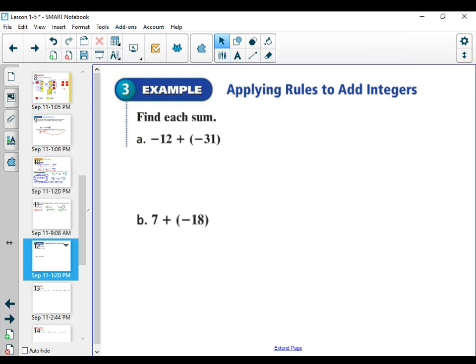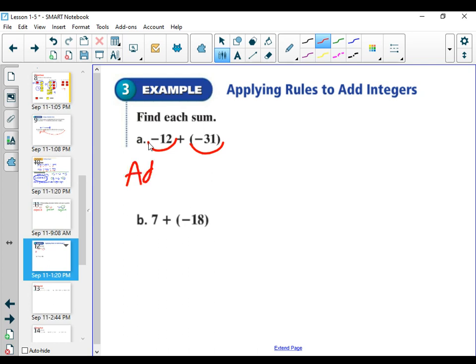Oh, look, I have a negative and a negative. I have 12 negatives in one pile and I have 31 negatives in my other pile. There is no possible way to get a positive number out of that. Negative plus a negative is a bigger negative.